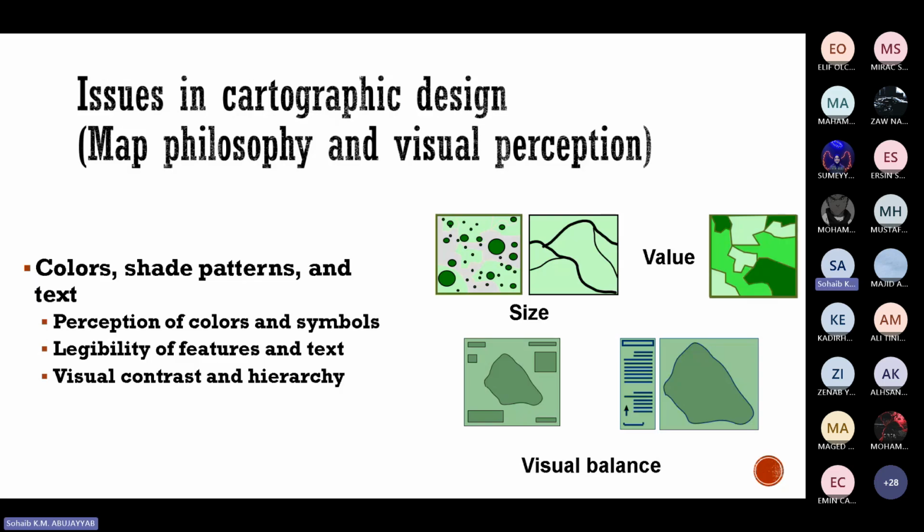Why? Because again, it's a communication language. If you are targeting a global audience, then you should use standard symbols, shade patterns, and color schemas. Some of the cartographic centers publish guidelines or standards for the colors.